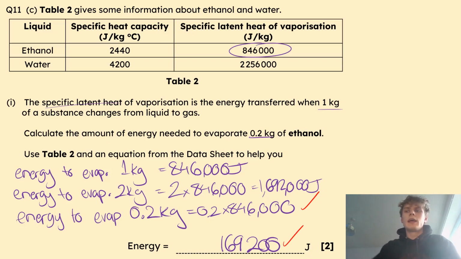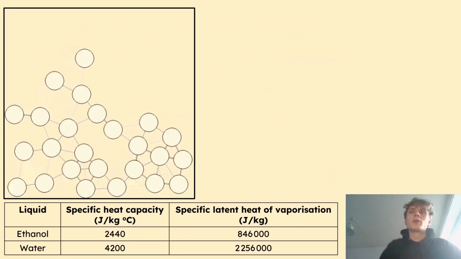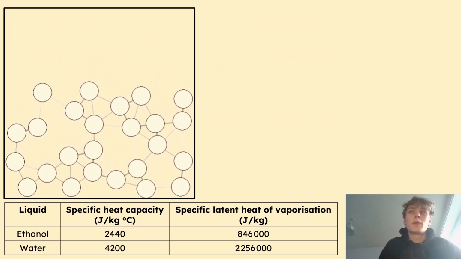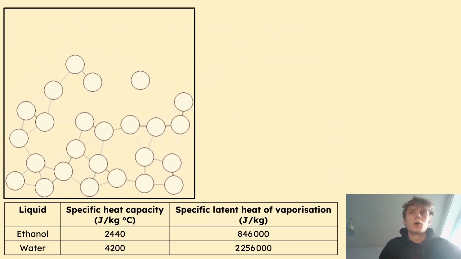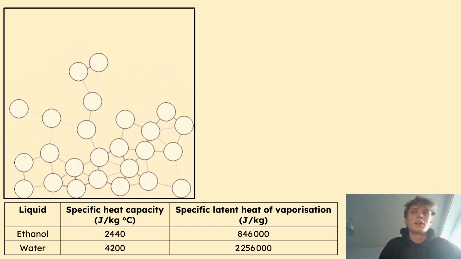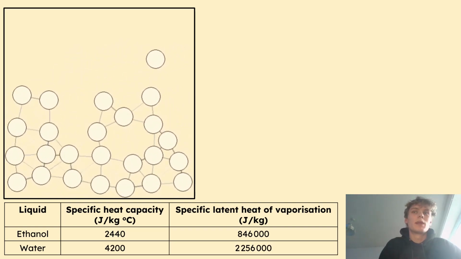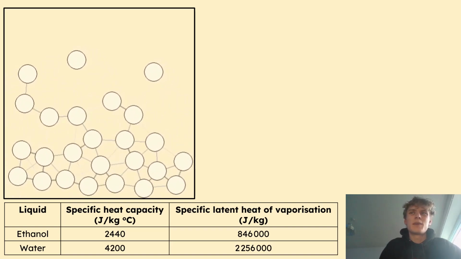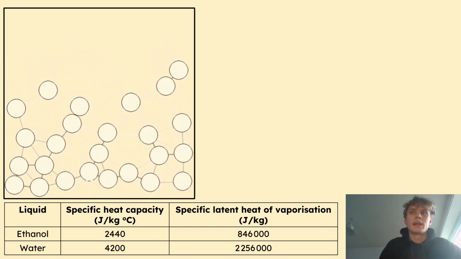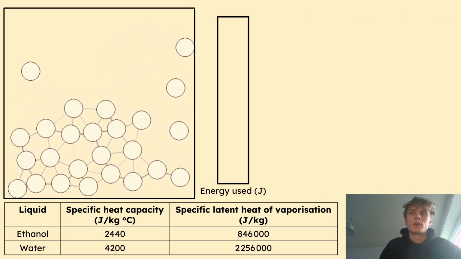Now, what's actually going on? What does any of this mean? So, I'm going to use a particle model in which I imagine the molecules that make up ethanol are small, hard balls. And when ethanol is a liquid, there are intermolecular forces holding the particles together. I've represented them here with these lines, but in reality they're invisible. Sometimes they're called bonds.